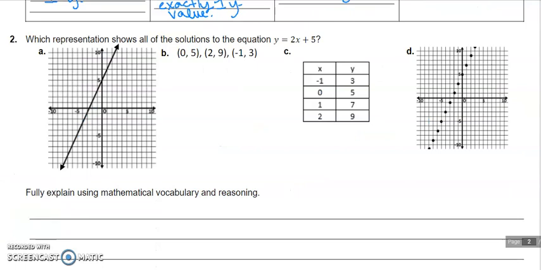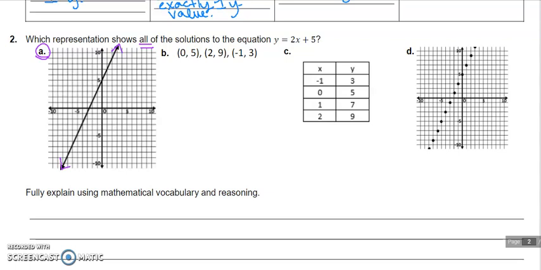Okay, number 2, which representation shows all of the solutions of this equation? So you might remember that you can have input-output pairs, pick an x, plug it in, solve for y, and so on. But the key word here is all. The only representation that does show all of the solutions, meaning every single point on that line, would be letter A, because it is a continuous or connected graph, and it does have these arrows showing that it would keep going on and on forever, because of course there are infinite solutions to that linear equation.